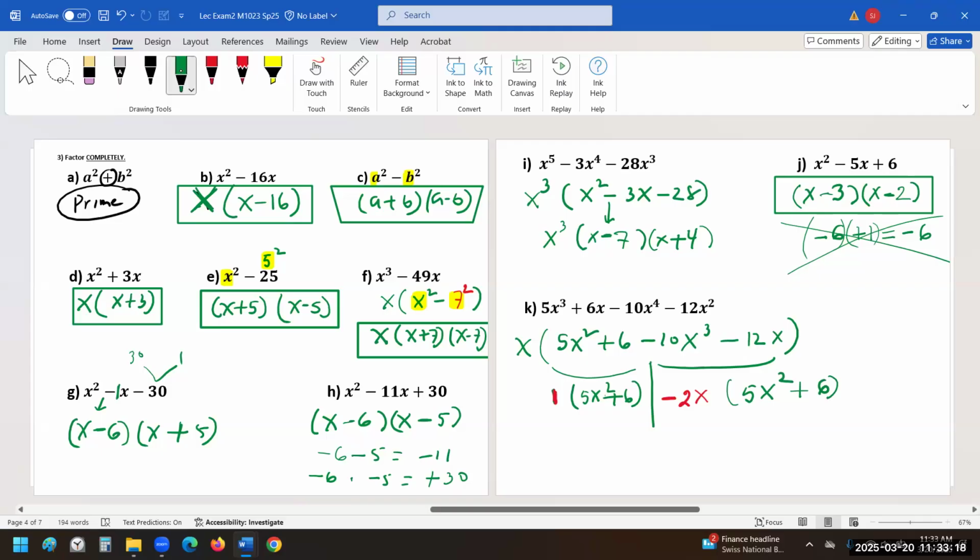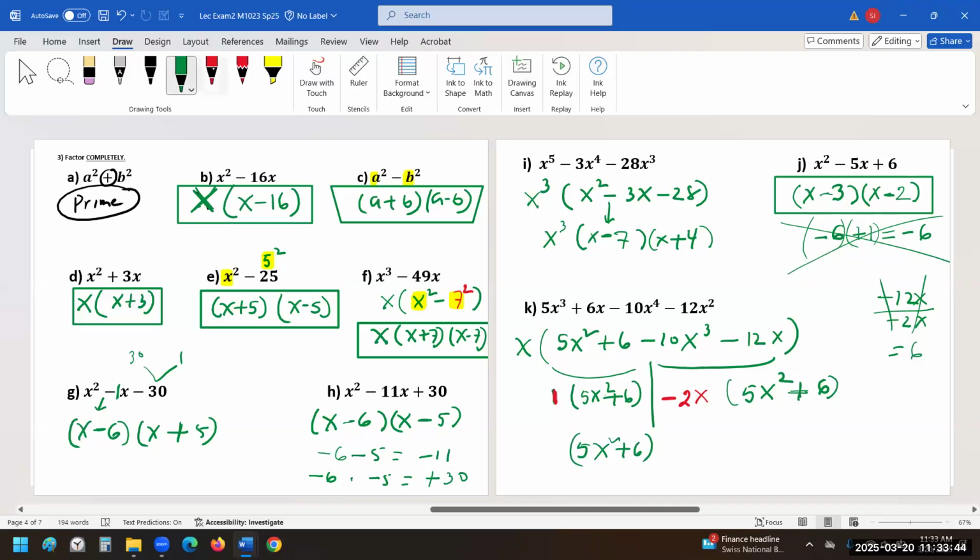In order to figure out what is left after factoring out, you can always do the division manually. Negative 12x divided by negative 2x. X cancels out, negative cancels out. 2 goes into 12 six times, so we have plus 6. Now, what do you notice in both groups? 5x squared plus 6.